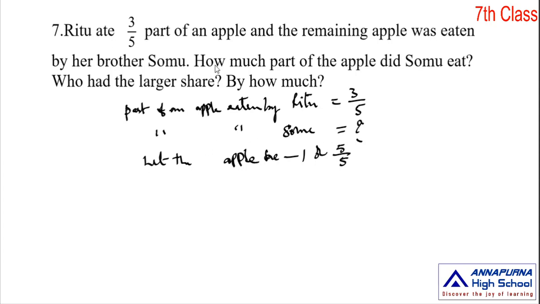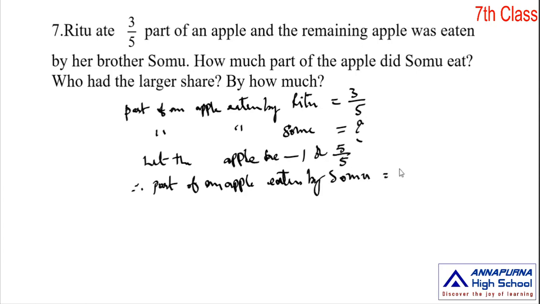Therefore, what is the first one? How much part of the apple did Somu eat? Therefore, part of an apple eaten by Somu is equal to, what is the total part?